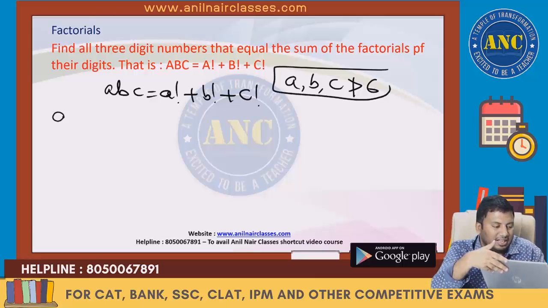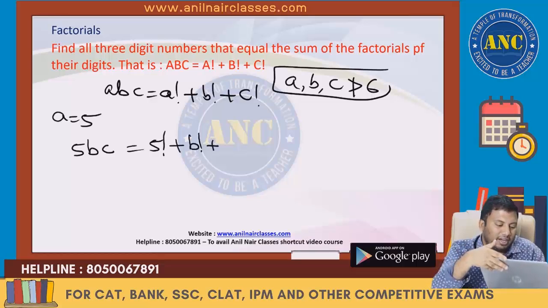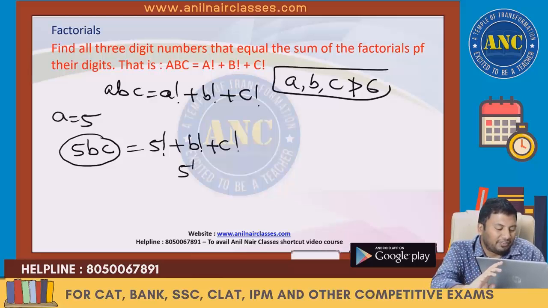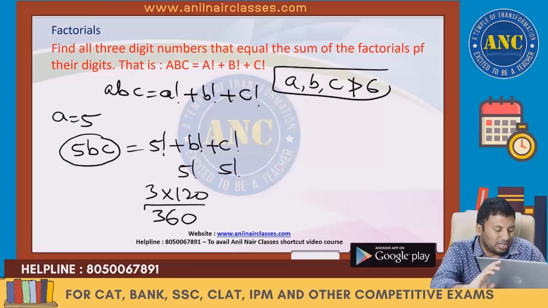Suppose I take A value 5, this is 5BC. This is nothing but 5 factorial plus B factorial plus C factorial. It is in the range 500. Even if I take B as 5 and C as 5, this will become 3 into 120, which is 360.